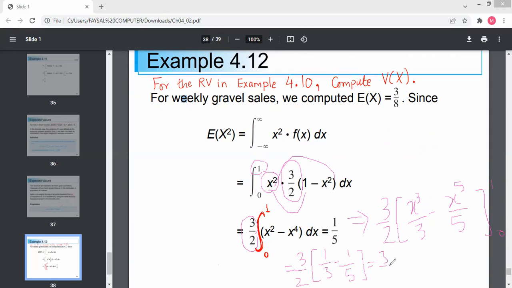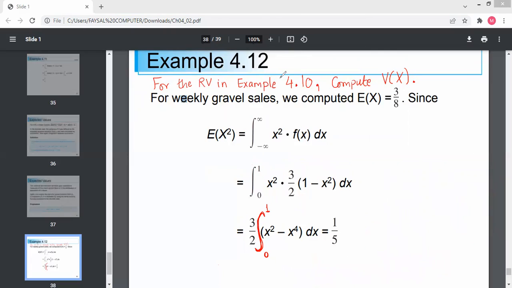It will be 3 upon 2 with the LCM 15: 5 minus 3. So it will be 3 upon 2 multiplied by 2 upon 15. The 2s cancel out, and the 3 and 15 reduce, so my value will be 1 upon 5 respectively. So this is how we find E of x square.